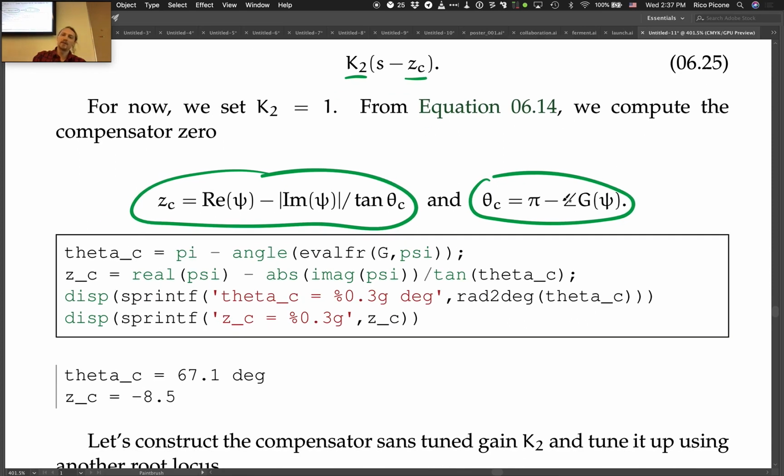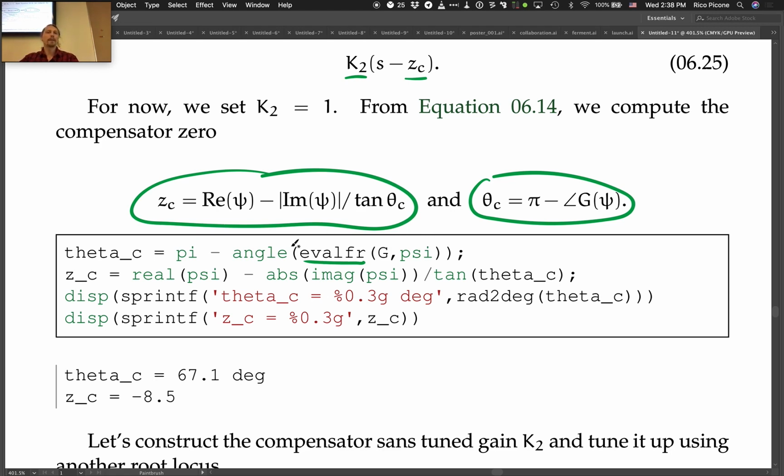theta c, this formula, pi minus, and now there are a couple of nice MATLAB functions we're using here. The first one is called eval-fr, which stands for evaluate a frequency response function. It also lets you evaluate a transfer function at a given location. That's exactly what we're doing here. We're evaluating a transfer function, g, at psi. So we just plug in eval-fr, g, and psi, and we get the result.